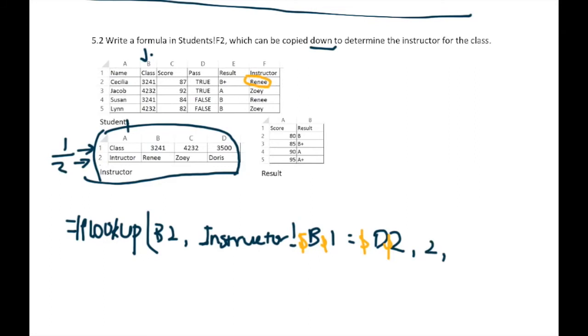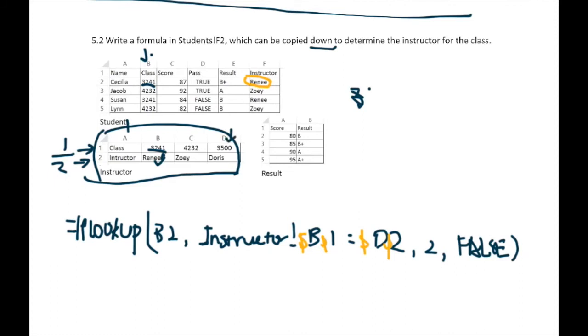And here we want to use false, because now we want to use exact match. For example, for class 3241, 3241 should match with Winnie. But what if we have, for example, 3500 here?